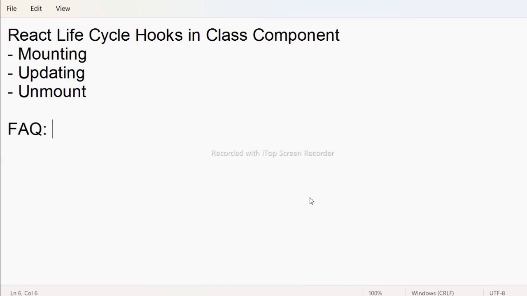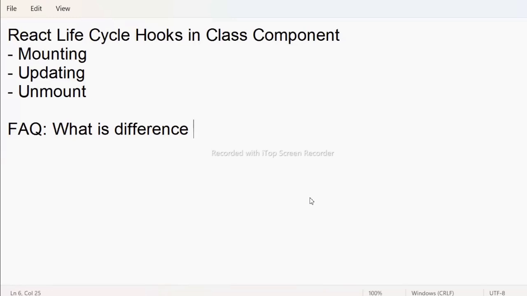In this, some important points and frequently asked questions are there. I showed one example in the last session, you clearly understood, no? Component mounts, unmounts, will mount, these points we explained.